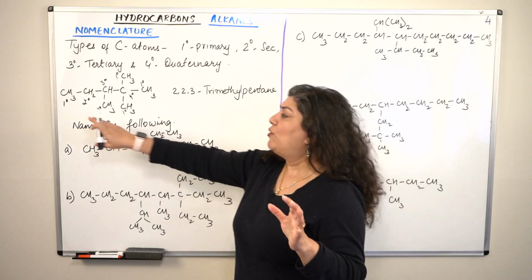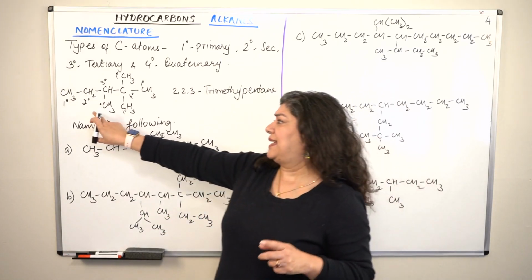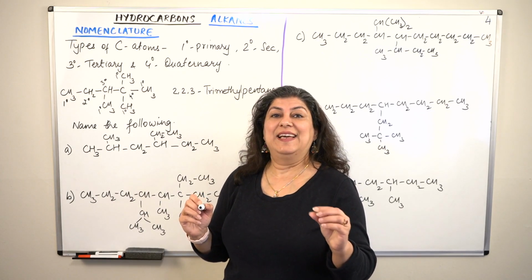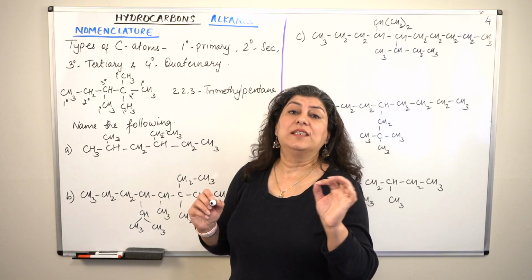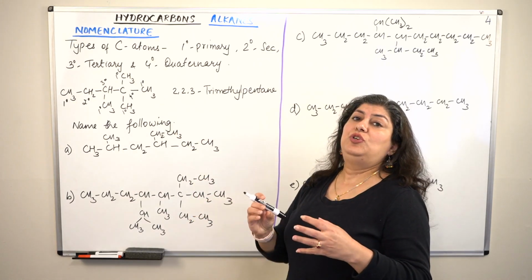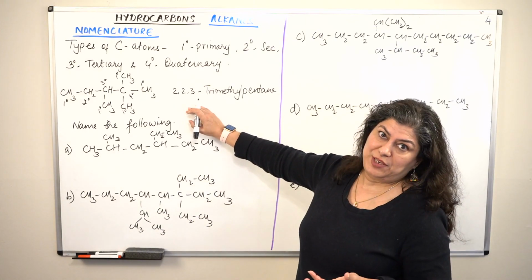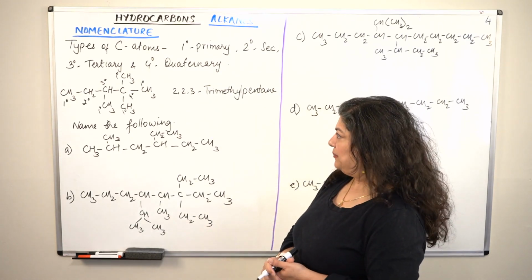For primary there is no need to write a prefix. But if it is secondary or tertiary, sometimes we use the prefixes like sec for secondary and tert for tertiary. So when we do use those prefixes, we should know what that prefix means, and that is when we would be using the prefix in a name.